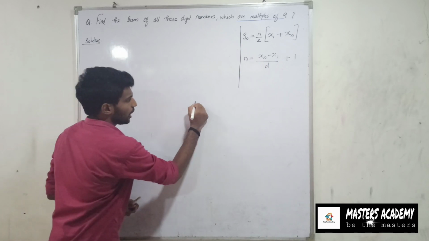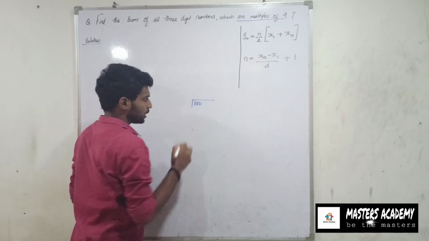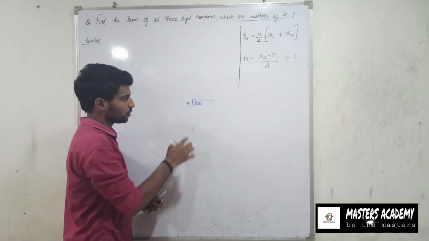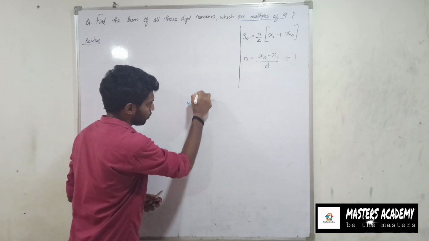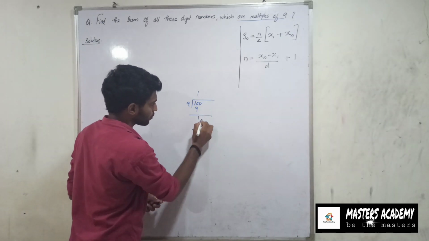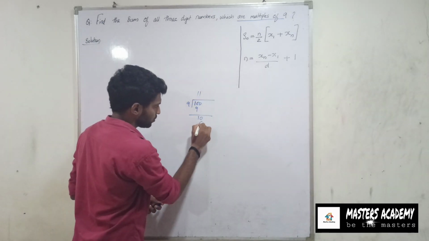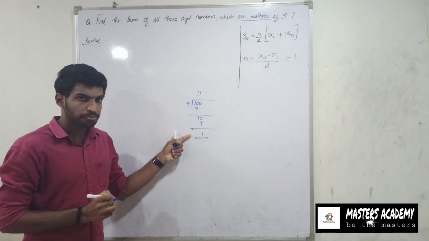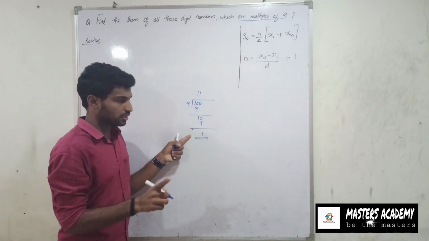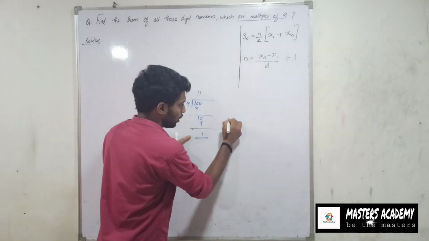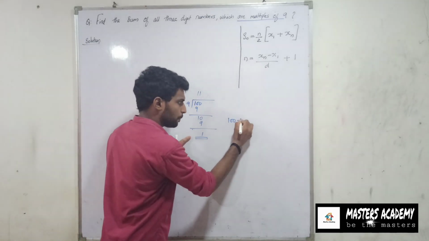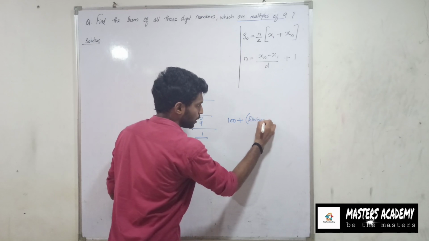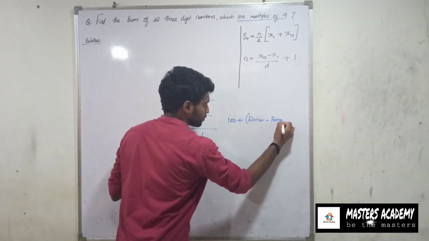Let's take 100. As I told earlier, first we always have to take 100. 100 divided by 9: 1 times 9 is 9, subtract, 10; again 1 times 9, remainder is 1. If the remainder comes 1, listen, our first term, which is a multiple of 9, is 100 plus divisor minus remainder.